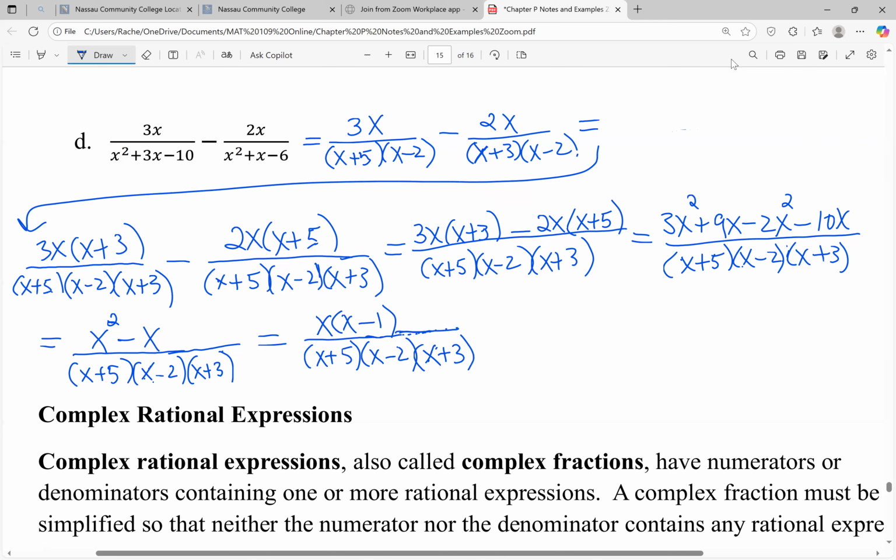And even though we were able to factor the numerator, and both the numerator and the denominator are factored, there's no common factors, right, that we could reduce by. So this would be my final answer.